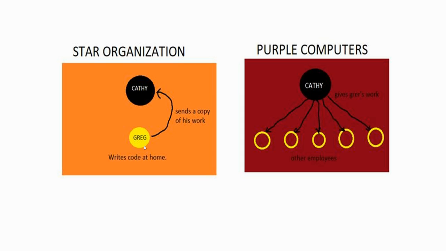He has been given different tasks by Star Organization, but in his personal time he writes code for himself to improve his ability to work for Star Organization, and he does it all on his personal computer with no other resources from Star Organization.